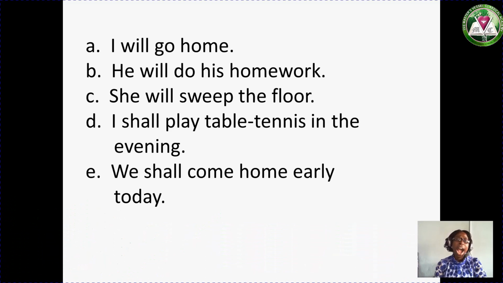D. I shall play table tennis in the evening. E. We shall come home early today.